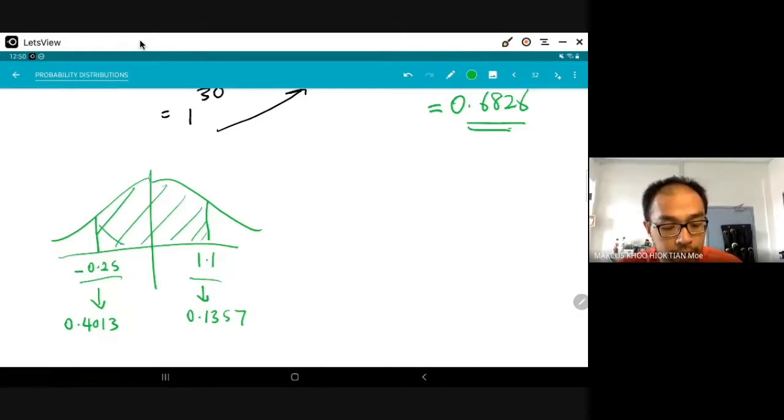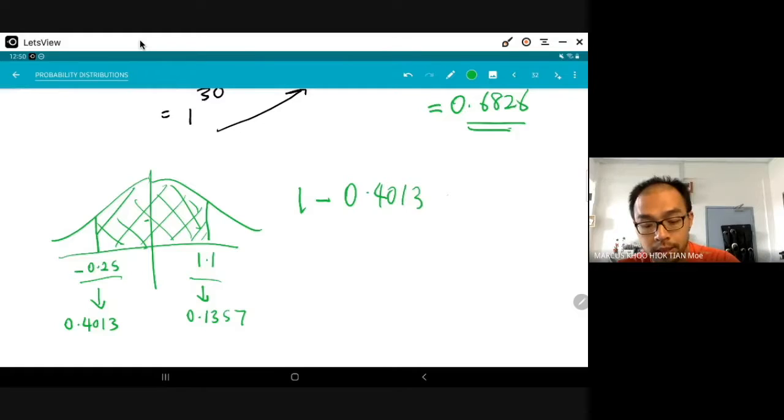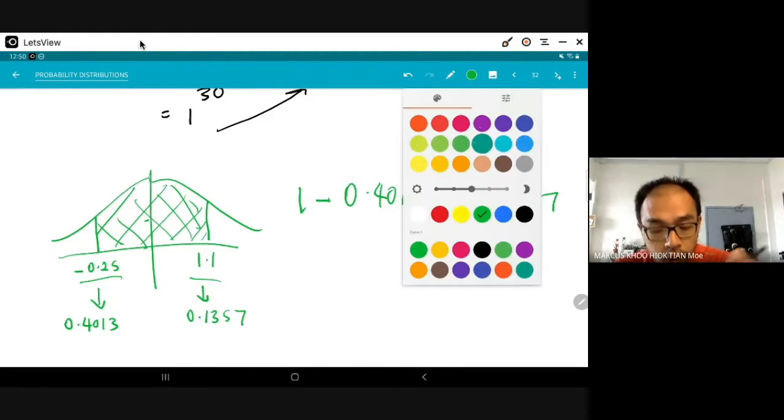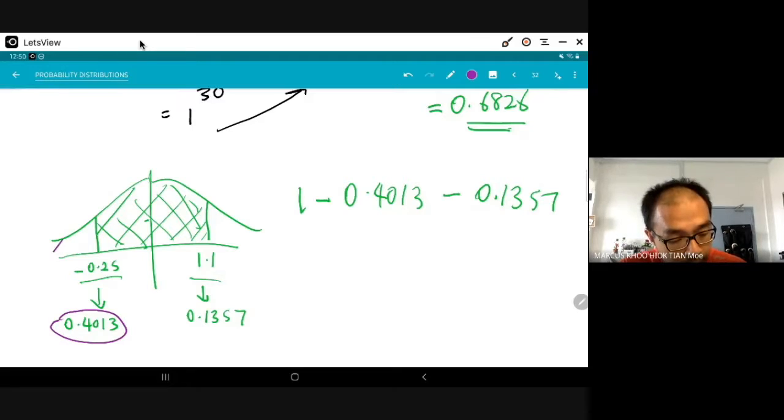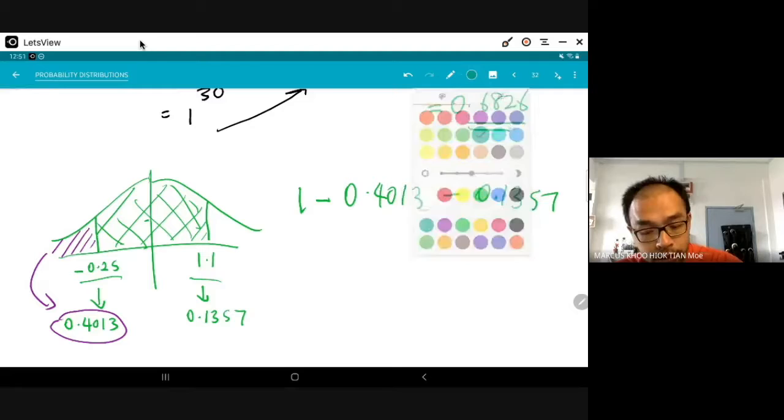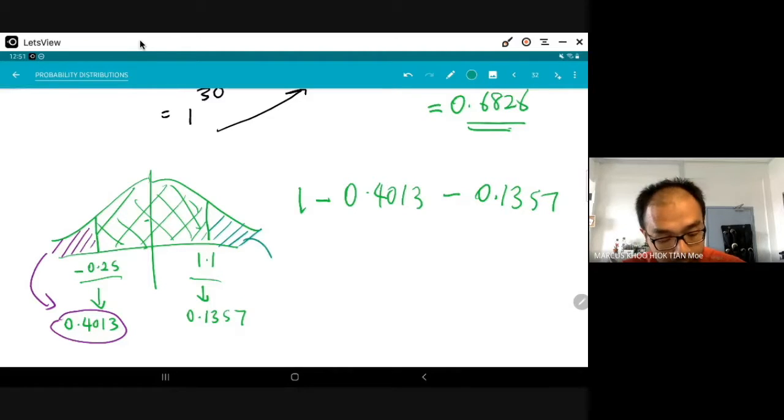So how do I find this area in the middle? We have 1 minus 0.4013 minus 0.1357. Because 0.4013 represents this part and 0.1357 represents this part. We want to find the middle, so we take 1 minus both. So sometimes you can have different z values.